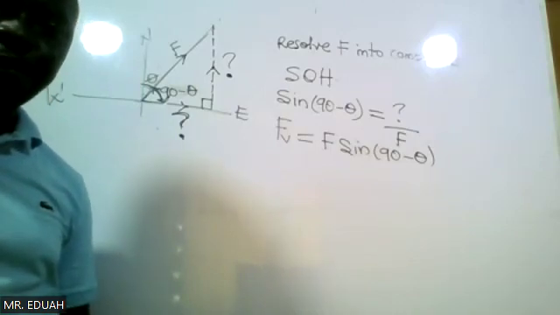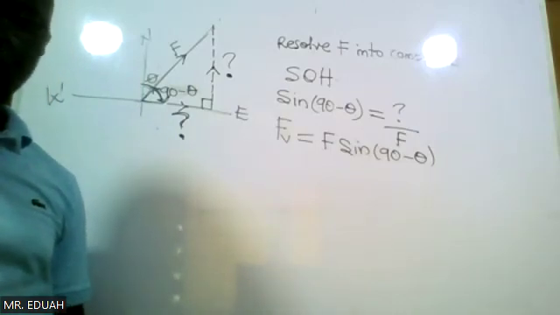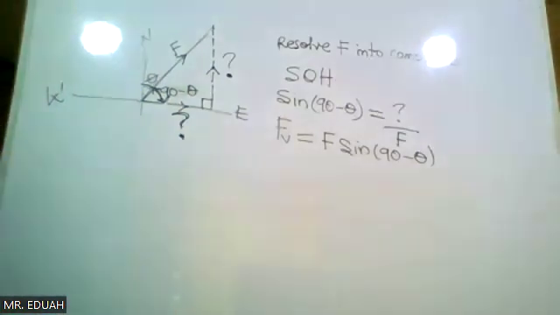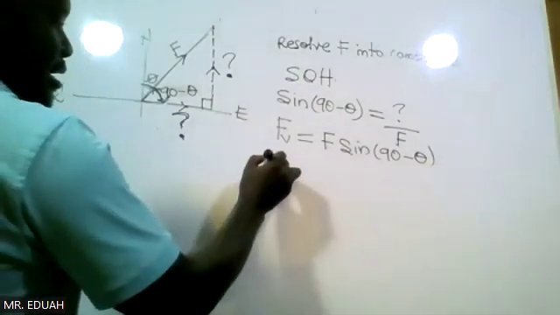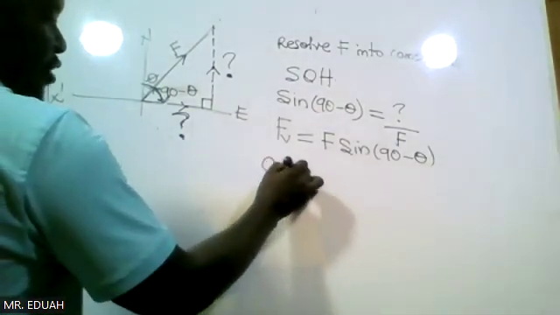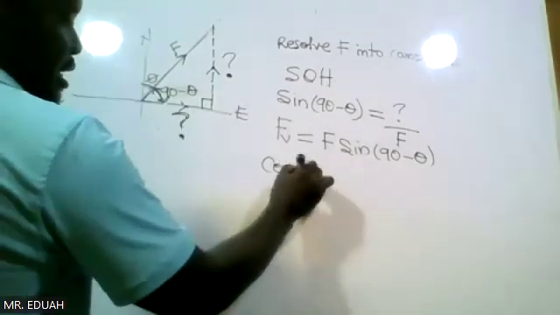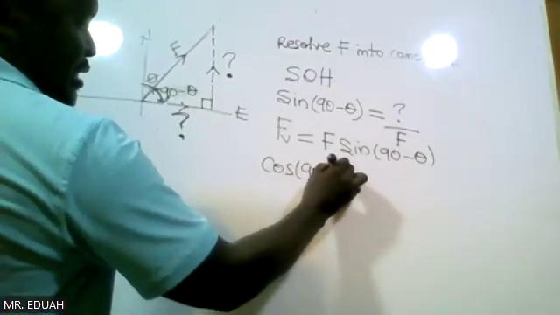Which appropriate trig ratio do we use to determine the horizontal? Cosine. So if I take the cosine of the angle, we are using this 90 minus theta.